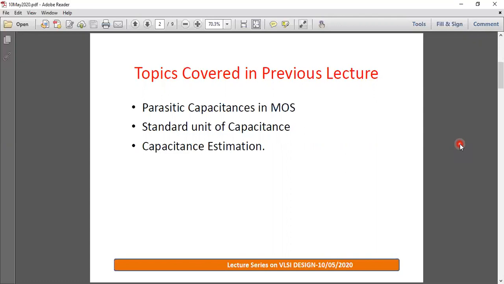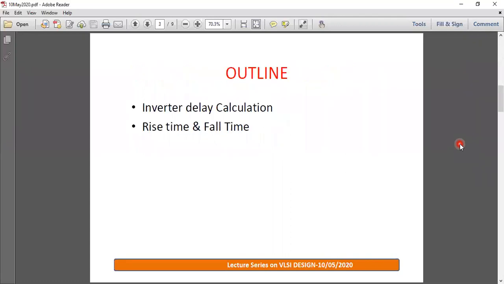And we estimated capacitance for multi-layer structures. So in this lecture, we'll calculate delay for the NMOS inverter as well as the CMOS inverter, and then we'll study rise time and fall time.